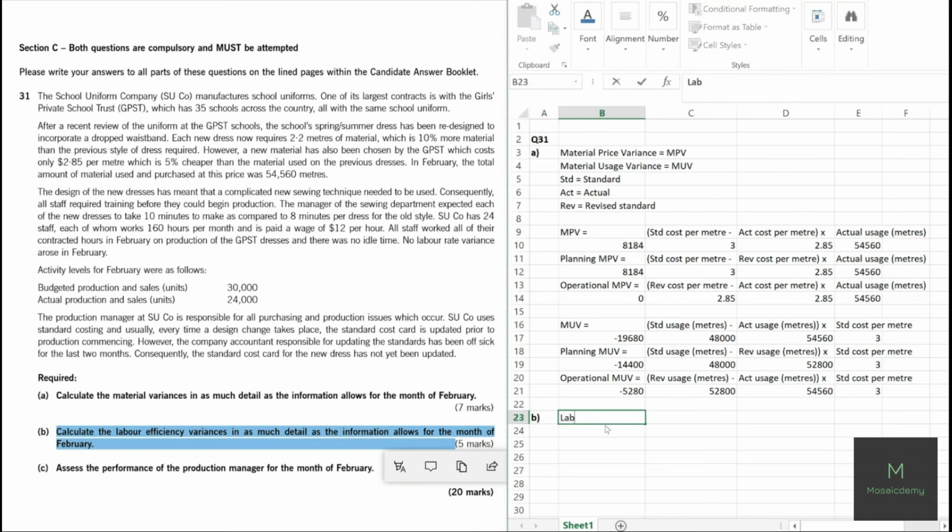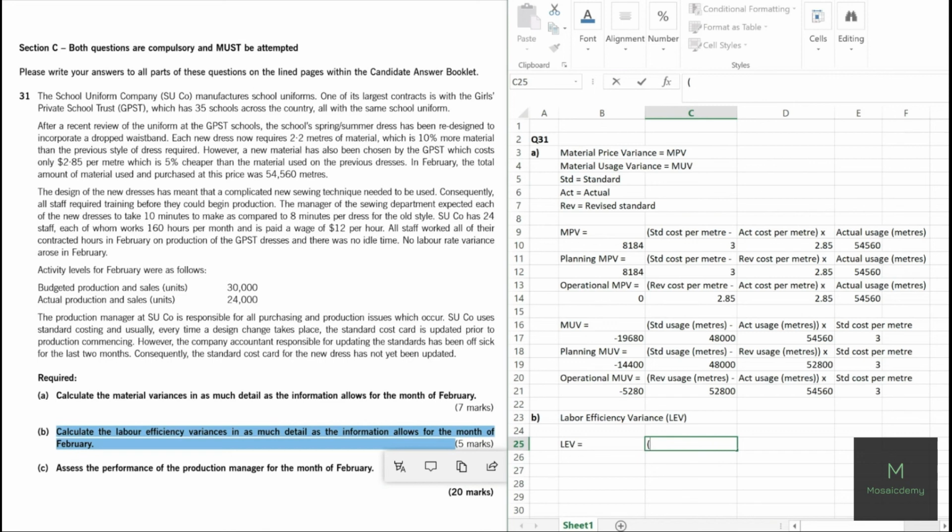So again, we're going to be using a shorthand, labor efficiency variance. We'll use the shorthand LEV. Okay, we've already mentioned other shorthands above, so we don't need to mention them again. So LEV, what was the formula for labor efficiency variance, right? So once again, labor efficiency variance is a variance about quantity, and labor quantity has to do with labor hours.